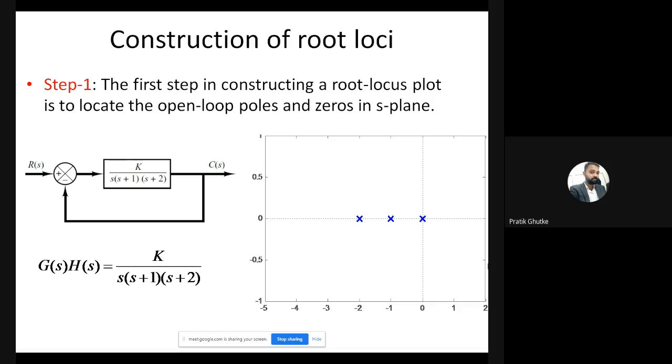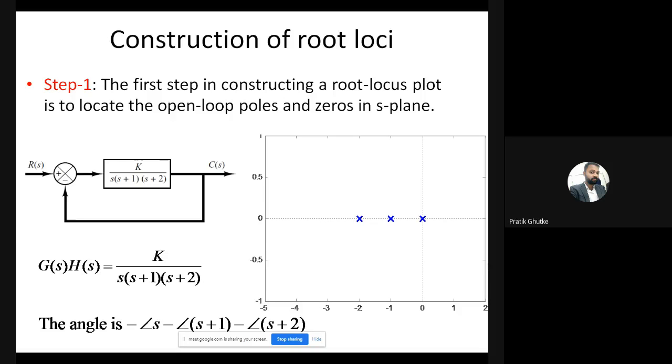So first of all, we have to map the pole at 0. The angle is angle of s minus angle of s plus 1 minus angle of s plus 2. Here 3 poles are there, so for all 3 poles I have to take the angle.